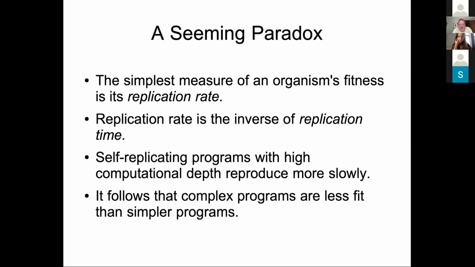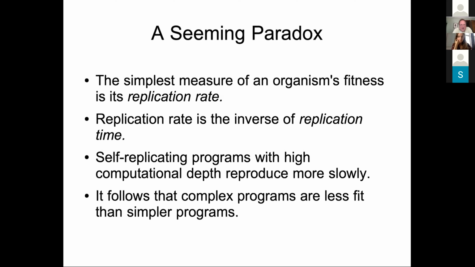Now, if we adopt Bennett's notion of computational depth as a form of complexity which we want to maximize over time, we get a kind of conundrum. One of the most common methods for characterizing an organism's fitness is its replication rate.